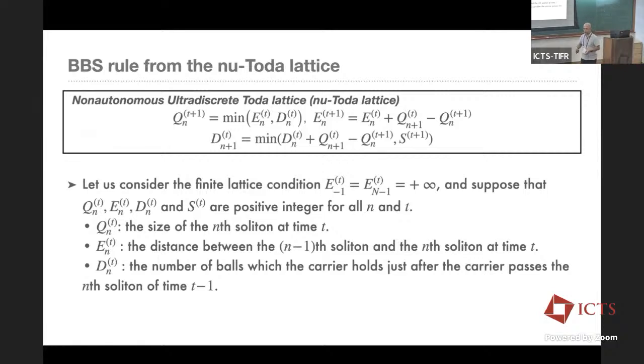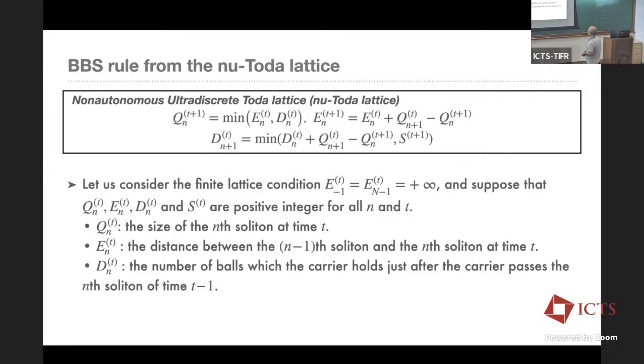So what's the role of S? We want to see what the role of this new parameter is. Of course, the meanings of Q, capital E, and capital D are the same as before. Only the new S appears.